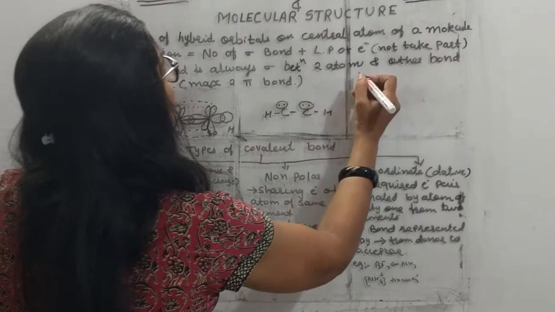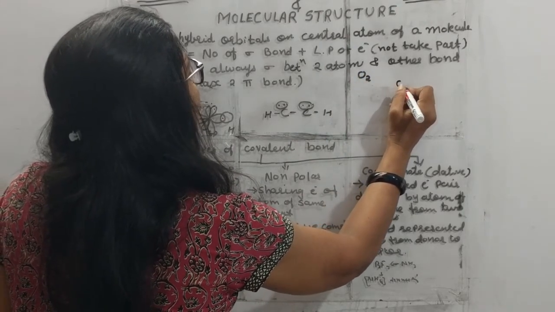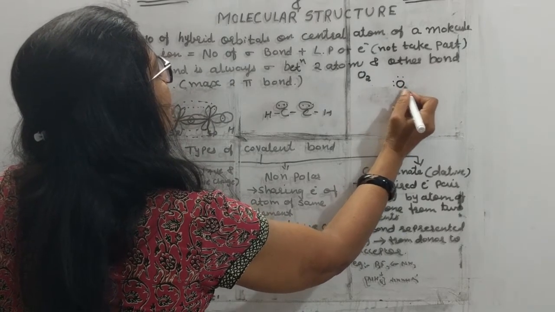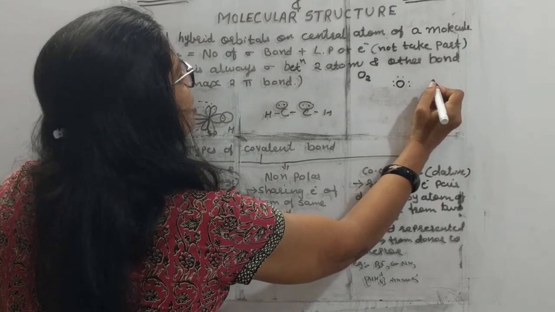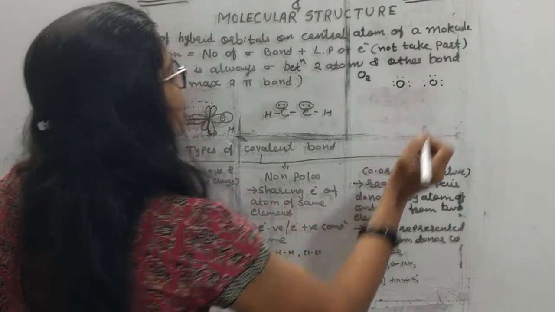So we'll take the O2 molecule, student. Here you know oxygen has 6 valence electrons. Another oxygen also with 6 valence electrons, student.